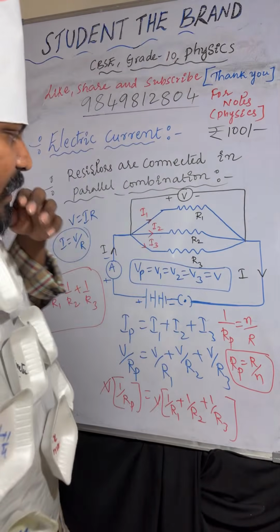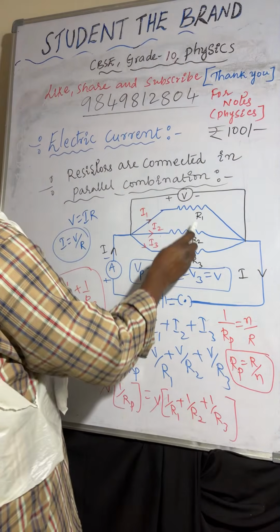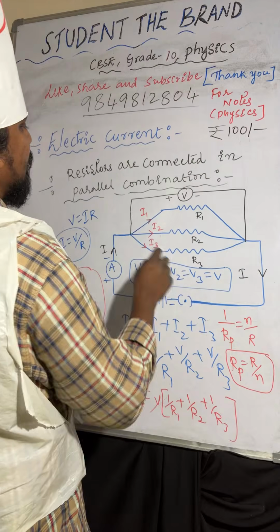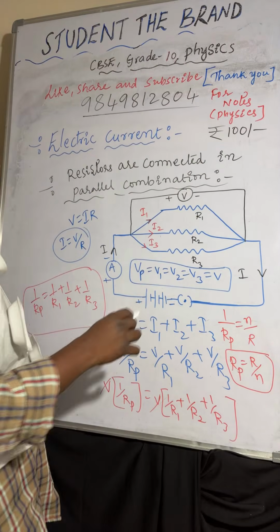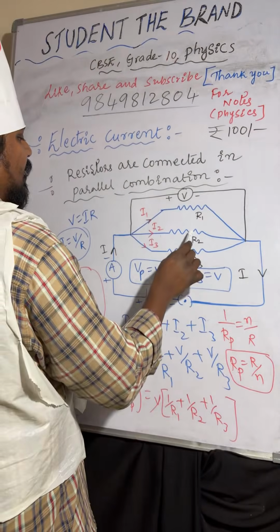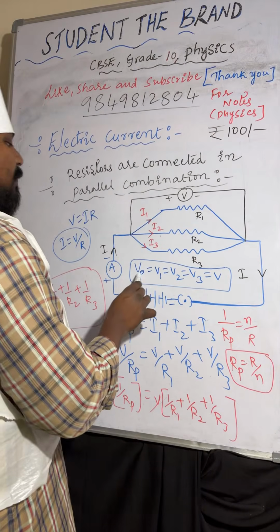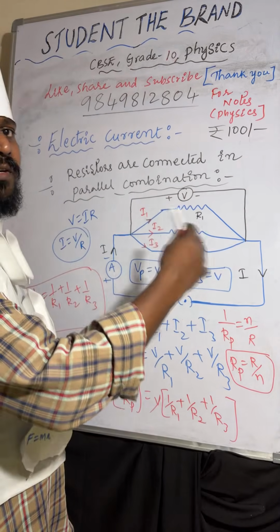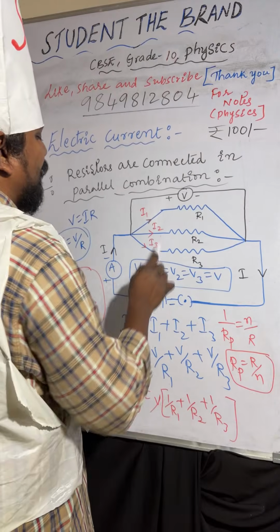Once again check here. R1, R2, R3, those 3 resistors are connected in parallel combination. Potential difference is the same across R1, R2, R3, so Vp equal to V1 equal to V2 equal to V3 equal to V. But current is dividing into 3 parts, I1, I2, I3.